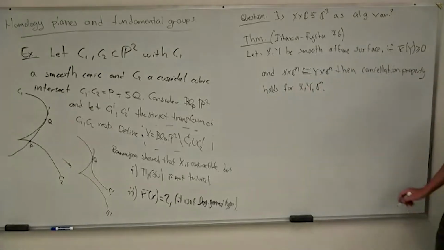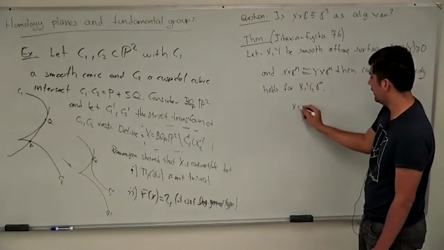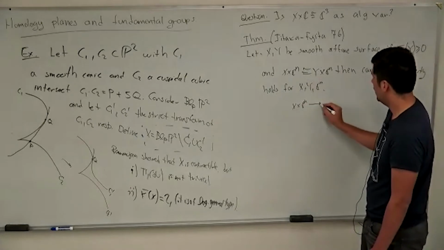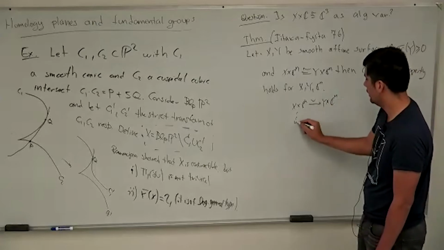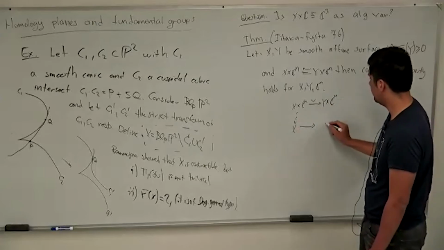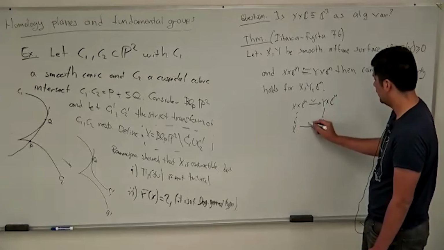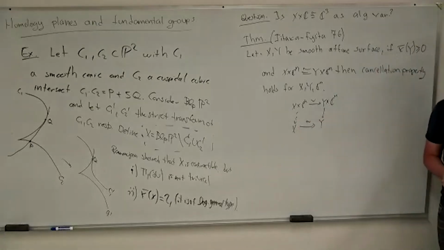So what this is telling you is that we have this isomorphism, and then we can cancel out this Cn, right? This is going to be isomorphic.